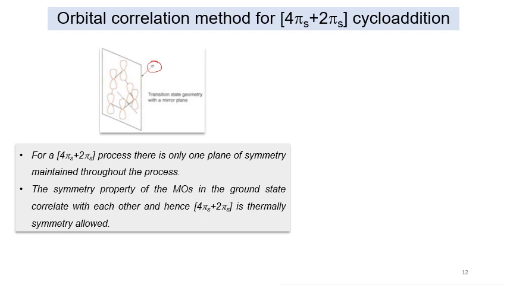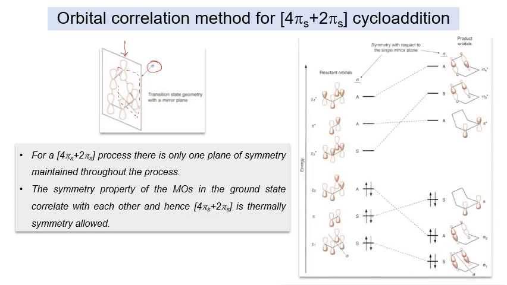So this particular plane passes vertically from between this particular space, if one has to observe it in 3D. The symmetry properties of the molecular orbitals in the ground state now correlate with each other without crossing the non-bonded level.